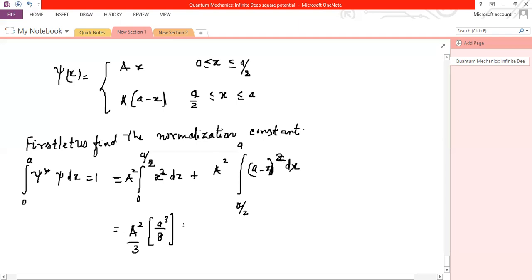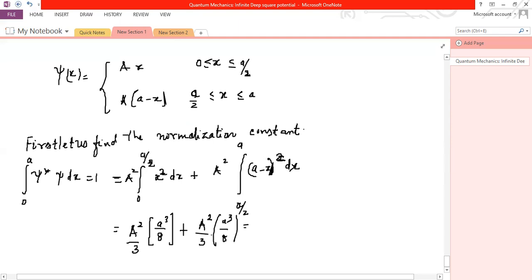And here also it would be A squared by 3, but a negative sign would accompany here, because a minus x is written. But understand, if I place the upper limit a here, it will give me 0, and the lower limit again comes with a negative sign. So negative, negative, positive, again it will come out as a cubed by 8.